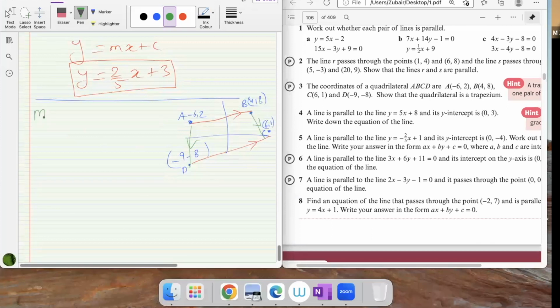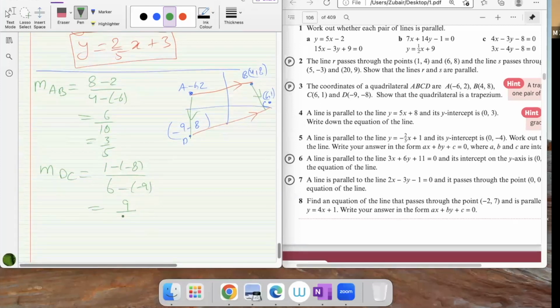The gradient of AB is (y2 minus y1) over (x2 minus x1), which is 6/10, that is 3/5. Then the gradient of DC is (y2 minus y1) over (x2 minus x1): 9 over 15, 3 times, 5 times, so 3/5. So 3/5 and 3/5.